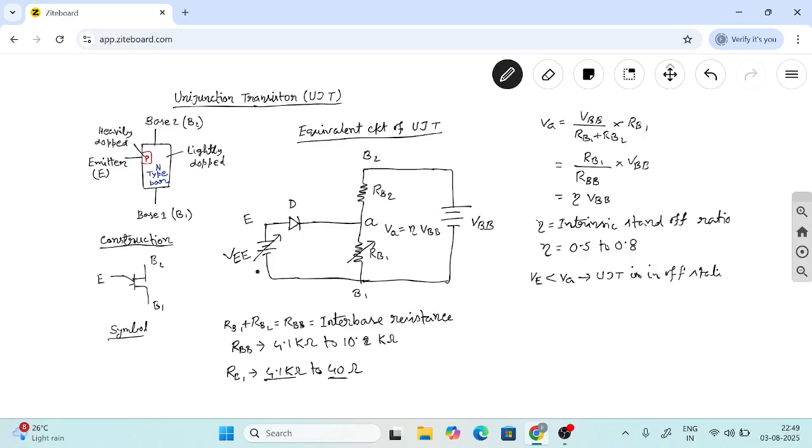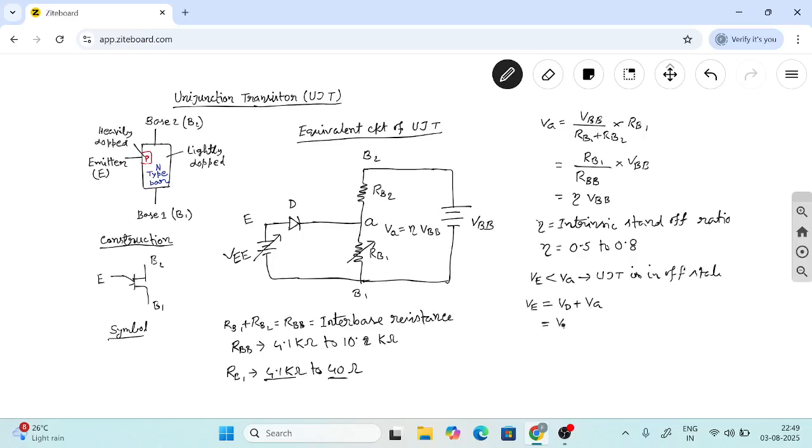And whenever voltage VE increases and becomes more than VA by the amount of the diode threshold voltage, UJT will get turned on. So whenever voltage VE is equal to VD plus VA, UJT will turn on.